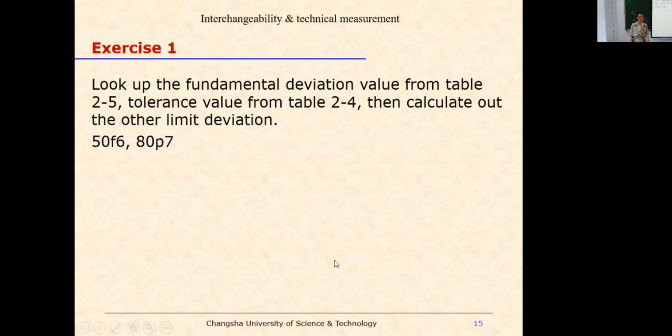Then calculate the limit deviations of the f7, f6 and p7. From the drawing you just see something like f7, and you must know its tolerance. What is its tolerance?